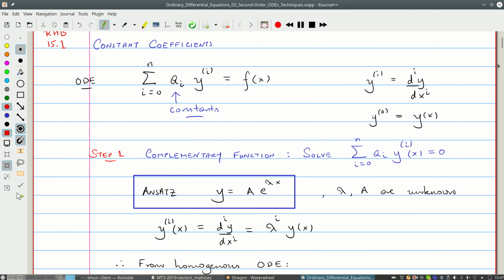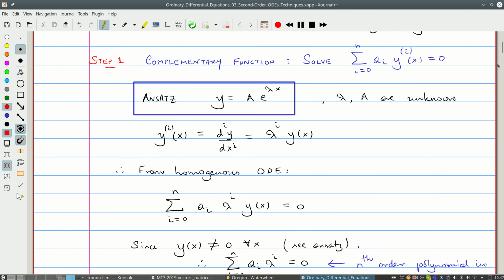To get the complementary function, we need to solve the homogeneous equation, and that is the sum of a_i times the ith derivative of y with respect to x, equal to 0. We're going to solve this homogeneous equation using the ansatz, or the kind of starting function, y equals A e to the lambda x, where lambda and A are unknown.